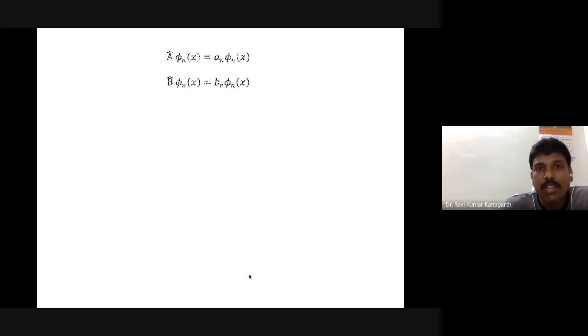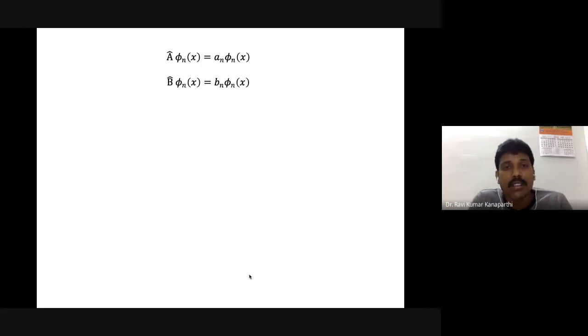Similarly, I will also recall the two relations that we started with. When the operator A is operating upon the same set of eigenfunctions, that is phi n of x, we get the eigenvalue an multiplied by phi n of x. Similarly, when the operator B operates upon phi n of x, we get the eigenvalue bn multiplied by phi n of x.